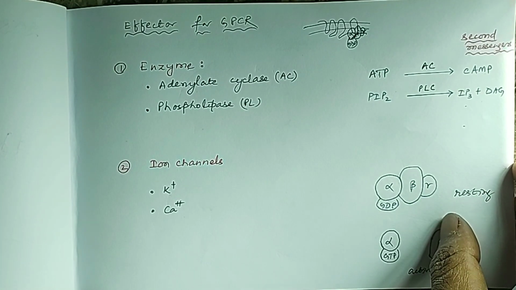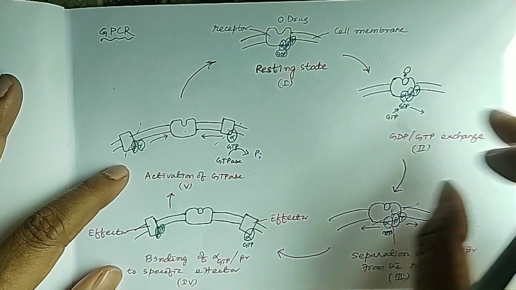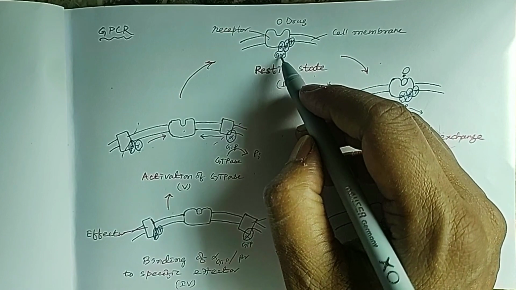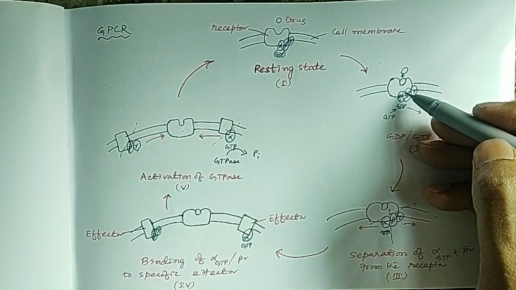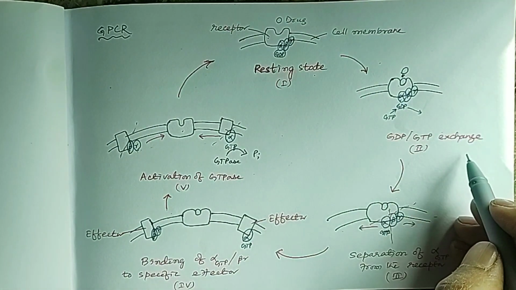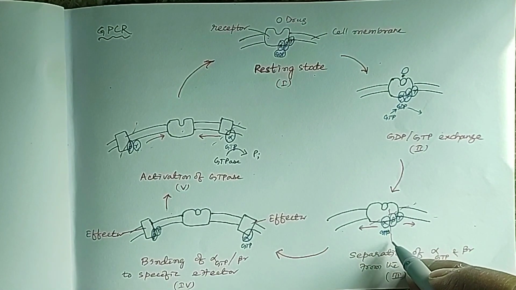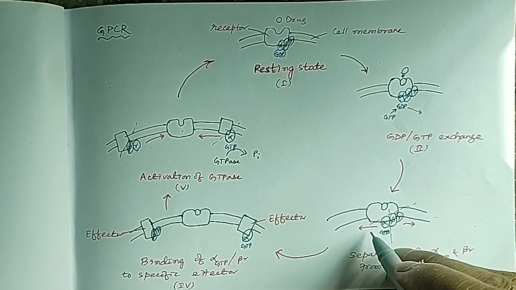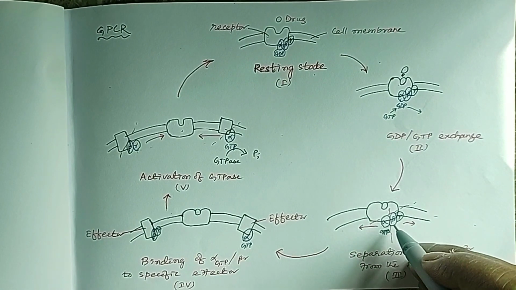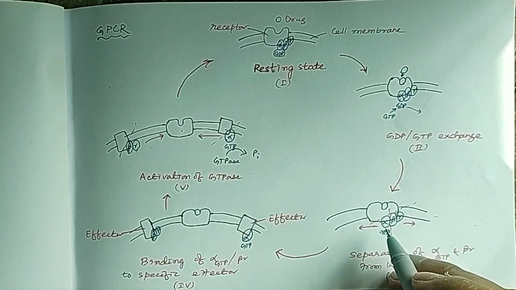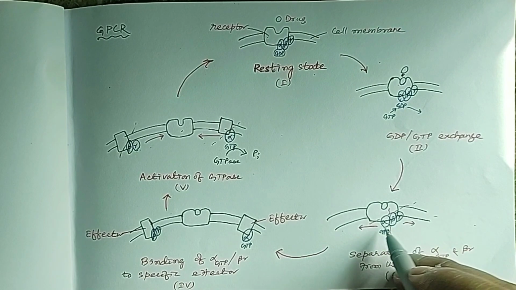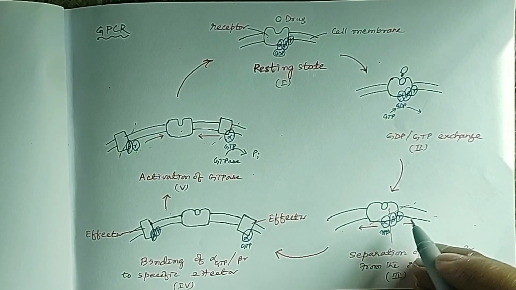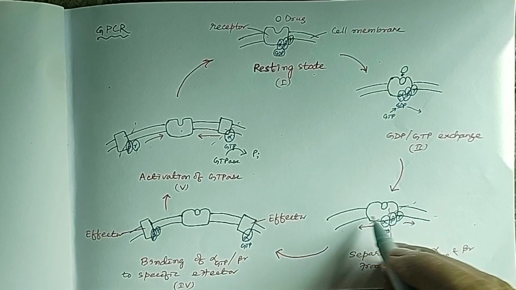If you see the G protein coupled receptor, in its resting state alpha GDP is there. When the agonist binds, GDP-GTP exchange occurs. Alpha GTP will now become active and get separated from the receptor as well as the beta gamma complex. Now alpha GTP and the beta gamma complex can move freely inside the cell membrane.